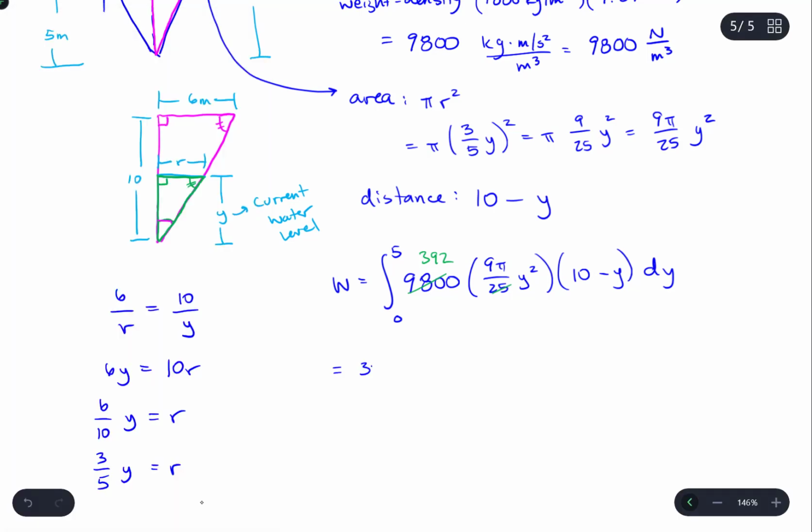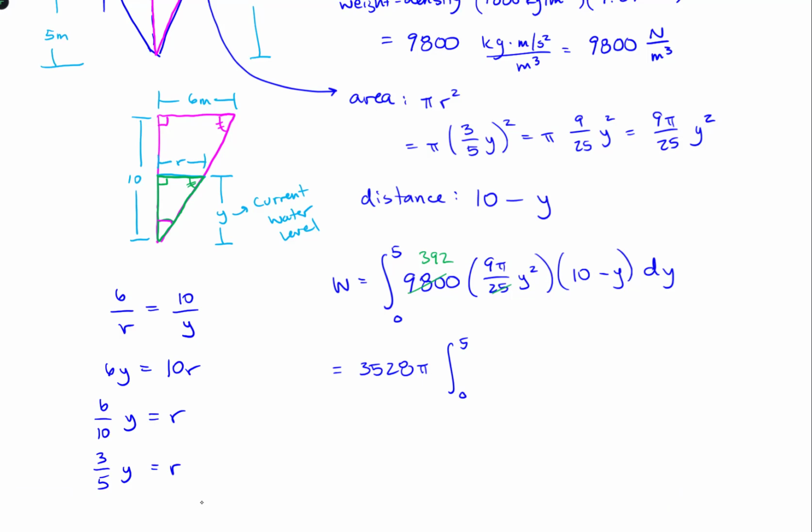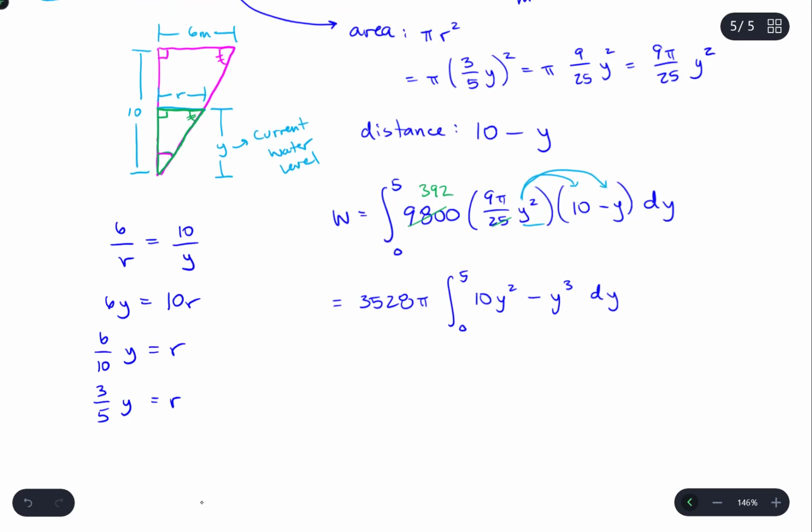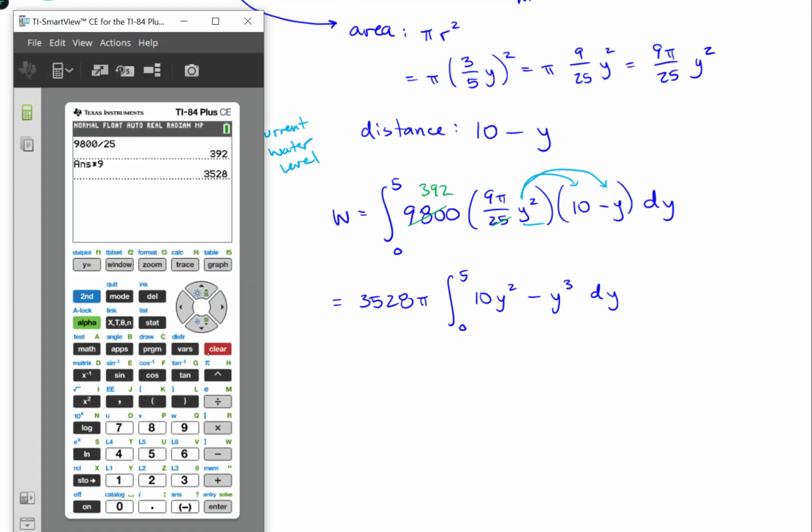So I'm going to say this is 3528 times pi times the integral from 0 to 5. I've taken care of all these constants, but I can multiply the y squared into these parentheses and make that 10y squared minus y cubed dy, and that looks about as simple as I can get, so I'm going to plug that in to fnInt.